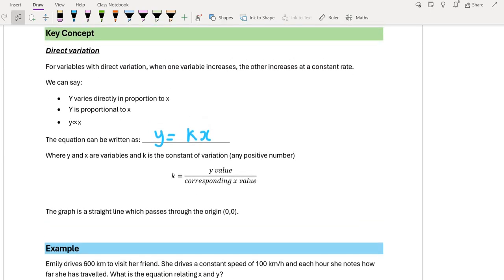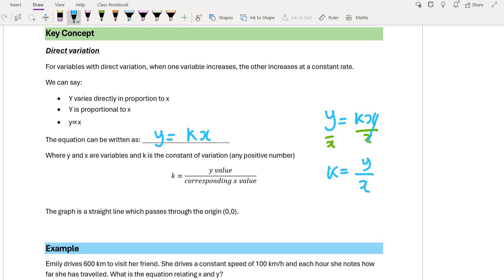Now, if we were given the x value as well as the y value, then you can find the k value even if it's not given to you. If we do a little bit of algebra here, to find k, we'll have to divide both sides by x. So k will equal y over x.